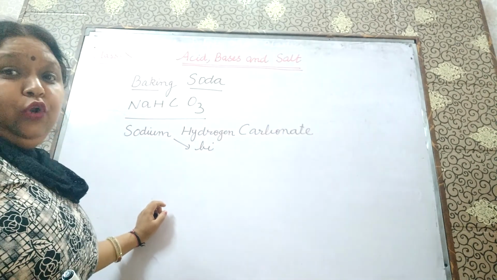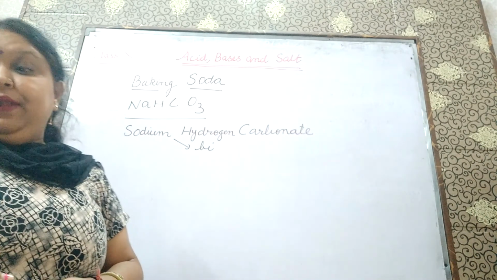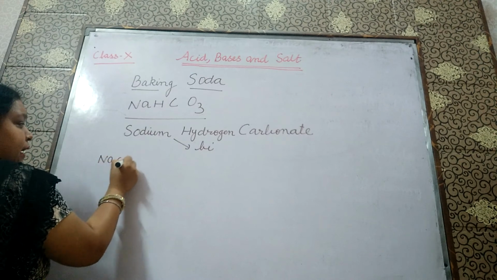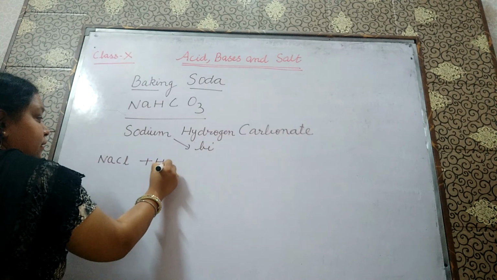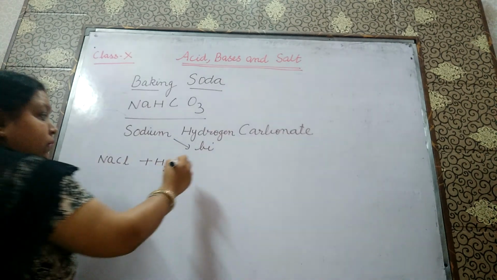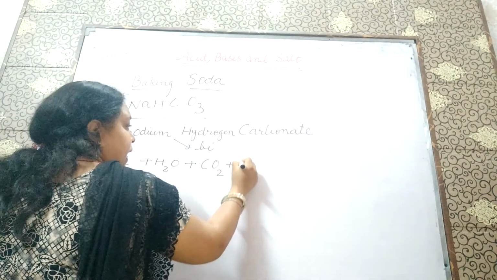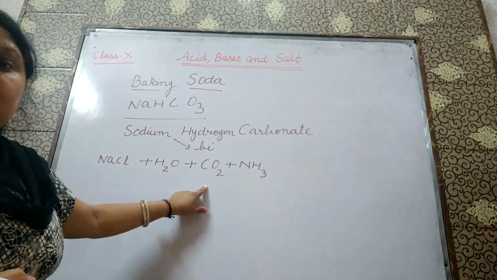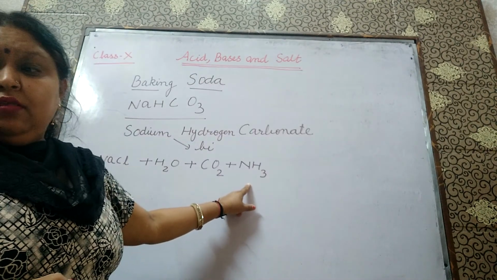Now we will do the preparation, how baking soda is prepared. If you take brine solution, NaCl plus H2O is called brine, isn't it? Along with it, when we take CO2 plus NH3, what is CO2? CO2 is carbon dioxide, and NH3 means ammonia.